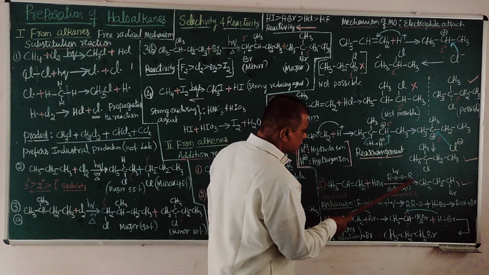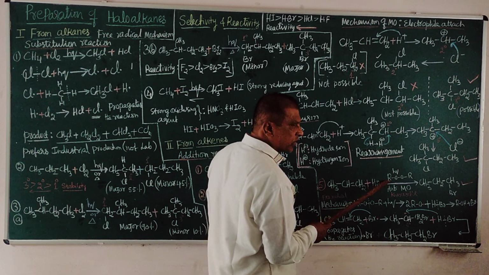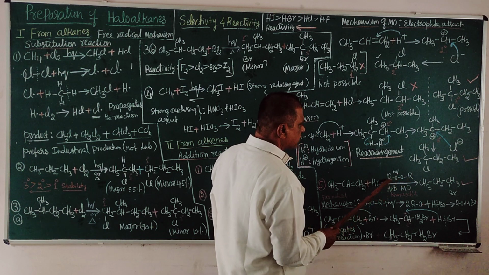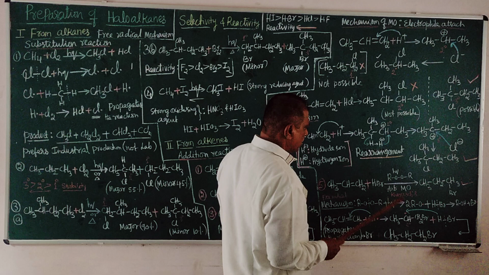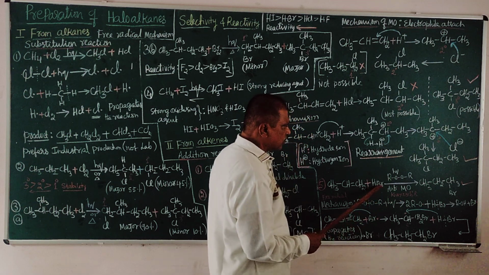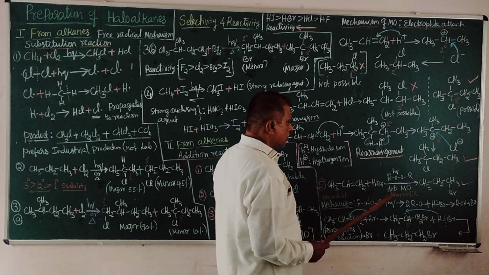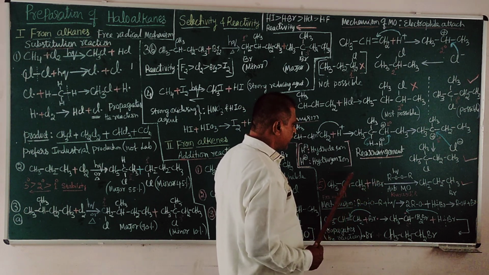If we have this compound in the mixture, that is a peroxide, an organic peroxide, benzoyl peroxide. Benzoyl means benzene CO, the peroxide in the presence of light. So this reverses, exactly the reverse of Markovnikov addition. This Br will bond to this, H will bond to this.